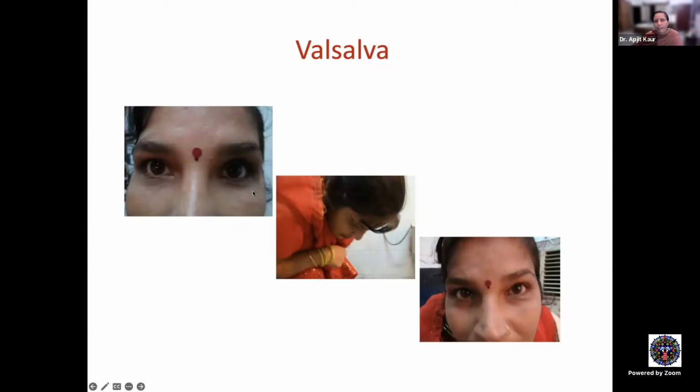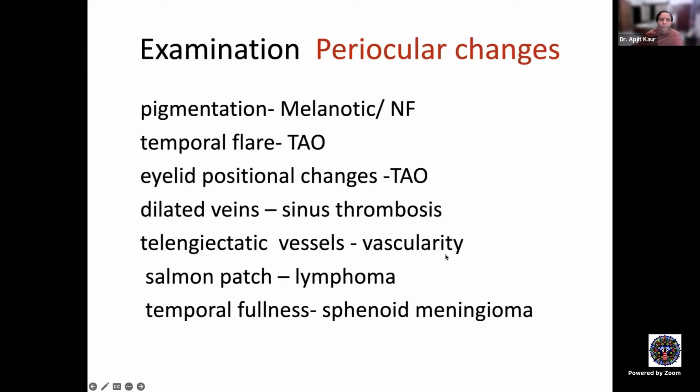This lady again came with enophthalmos. She looked down and see how all this has become full. Now you examine for the other P, which is the periocular change. So what are the different periocular changes? There is pigmentation, which occurs in melanotic lesions and in neurofibromatosis. There is temporal flare, which occurs in thyroid-associated ophthalmopathy.